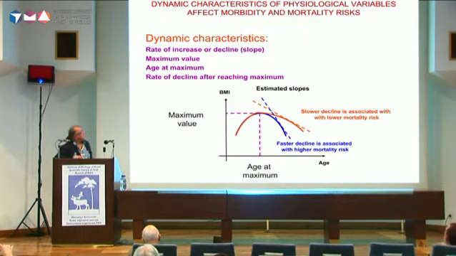And there are a number of other characteristics which are also very important, such as the rate of increase to the maximum and the reduction or decline upon reaching the maximum. So these two parameters are very important. The slower is the decline of the parameter upon reaching the maximum, the longer the person lives.